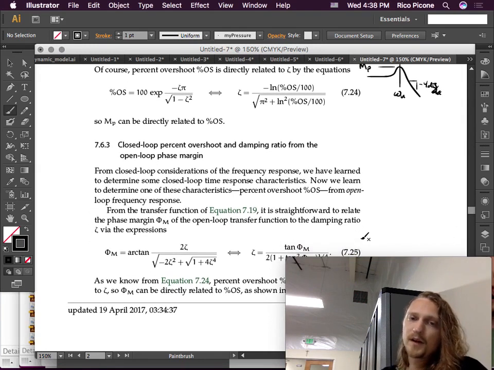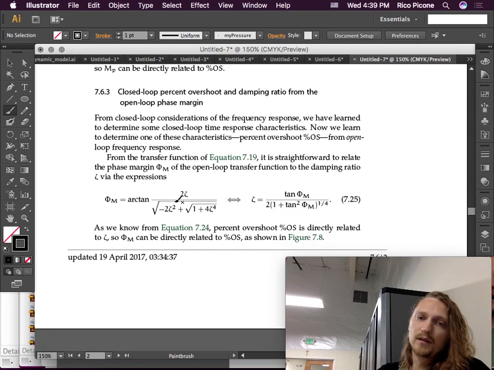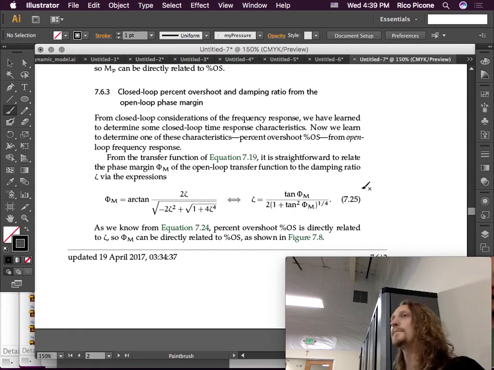From the transfer function of equation 7.19 at second order one, it is straightforward to relate the phase margin, phi m, of the open loop transfer function to the damping ratio, zeta, via these expressions. So it goes both ways. You can solve it for the phase margin in terms of zeta, or zeta in terms of the phase margin.